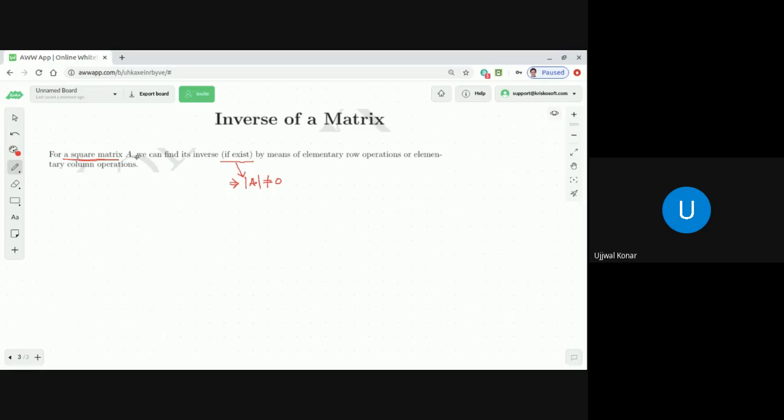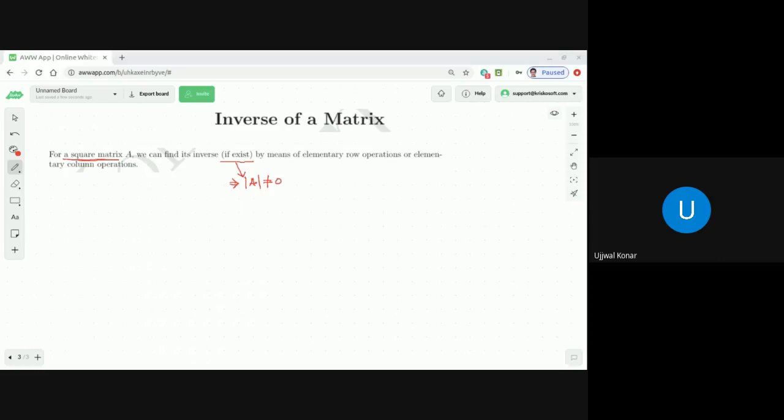As we learned a few minutes back, the inverse of a matrix is possible if it satisfies two conditions. The first condition is that it has to be a square matrix. And the second condition is that the determinant of that matrix has to be not equal to 0. Now, as both conditions are assumed to be satisfied, let's find the elementary row operations or elementary column operations. So here are the steps.